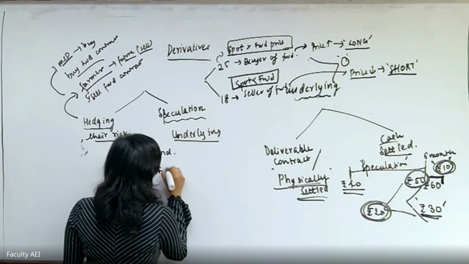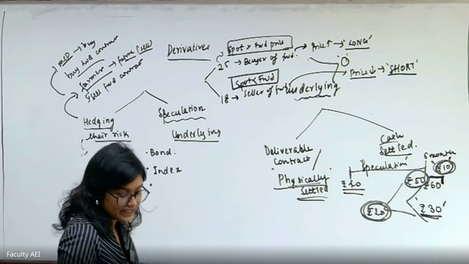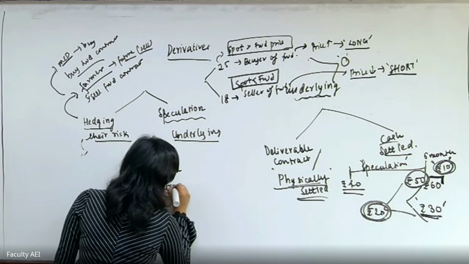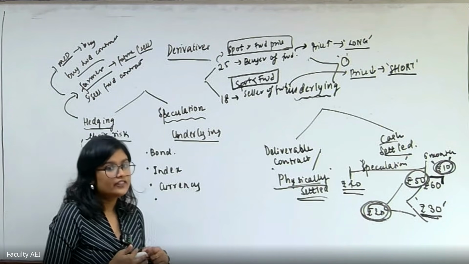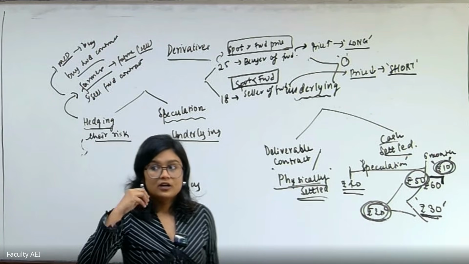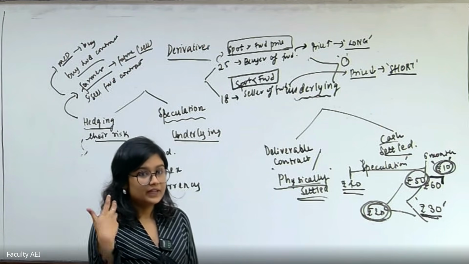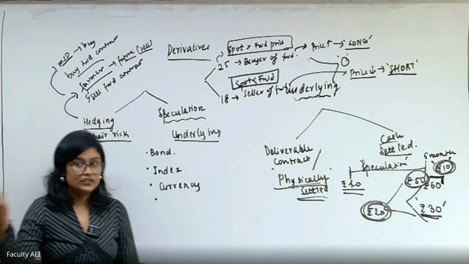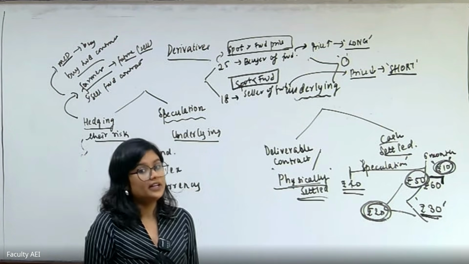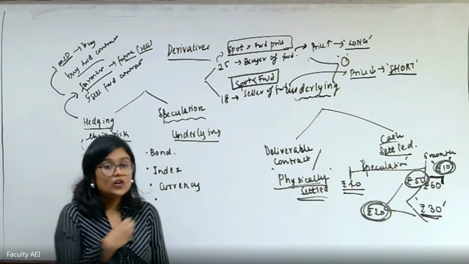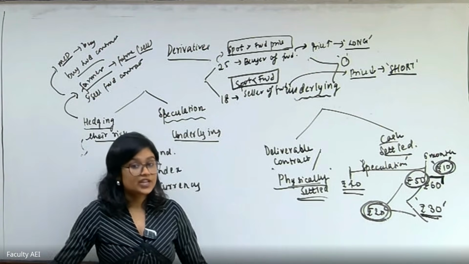You can be trading in an index, which we have discussed. You can be trading in currencies. Like, let's say I have been doing business with a firm, and that firm would be paying me a certain amount in pounds. But I'm not sure how the exchange rates would be functioning after 1 year.